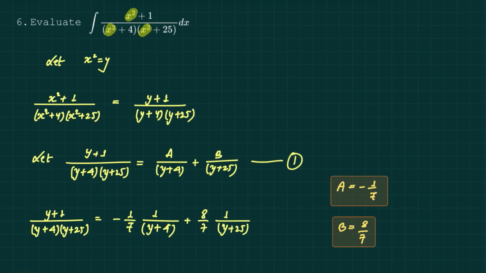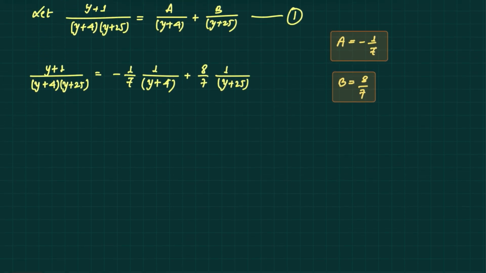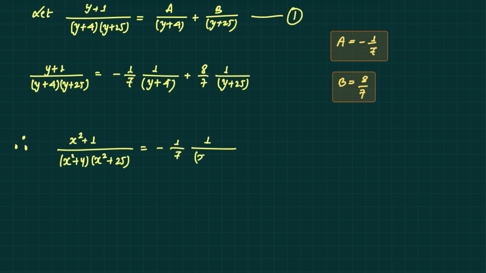And since y was x square, therefore putting back the value of y, (x square plus 1) by (x square plus 4) into (x square plus 25) equals minus 1 over 7 into 1 over (x square plus 2 square), writing 4 as 2 square, plus 8 by 7 into 1 over (x square plus 5 square), since 25 is 5 square.